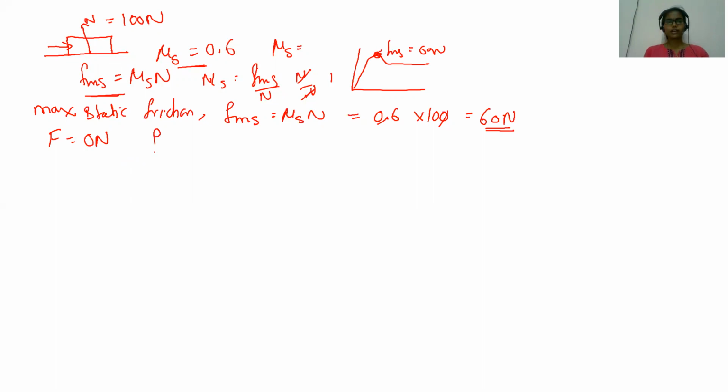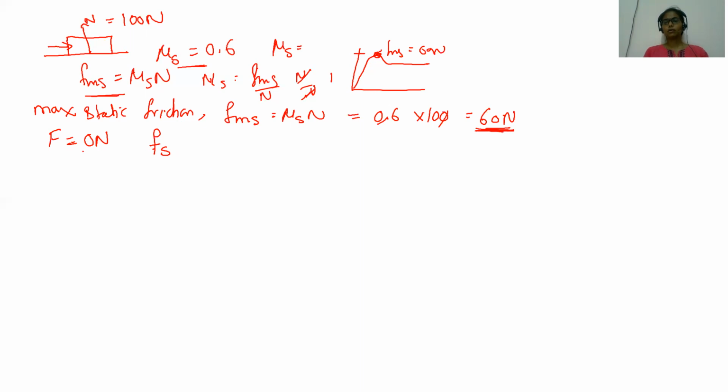You need to find Fs. So understand one thing here: when the applied force is less than the maximum static friction, the body does not move, because the body can move only when you apply more than this maximum static friction. Okay, children, the body will start to move only when you apply more than 60 Newton.